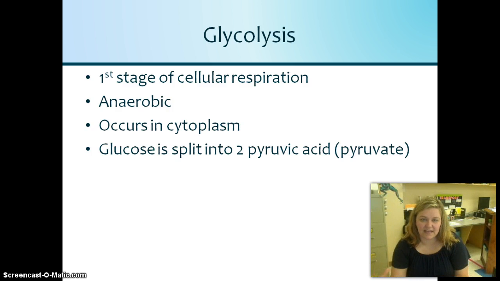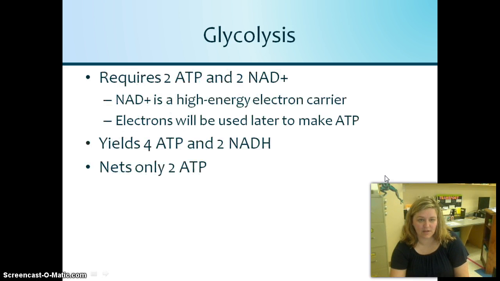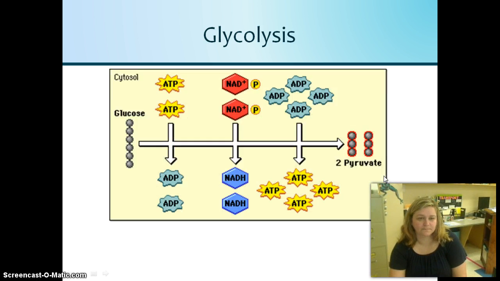So we're breaking the glyco, or the glycogen. This is the first stage. It's anaerobic. It happens in the cytoplasm, and the glucose is split into 2 pyruvate, or 2 pyruvic acid molecules. It requires 2 ATP, and it gives 4 ATP. But because it requires those 2, we only net 2, because we've already used up 2 of them.